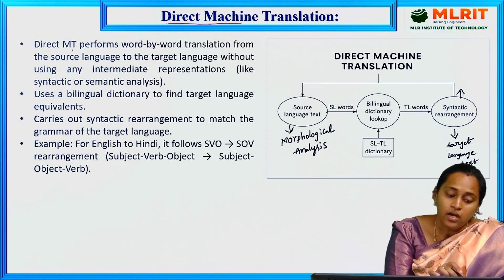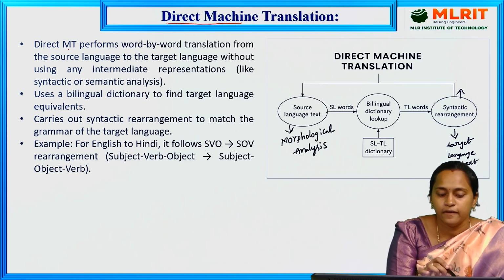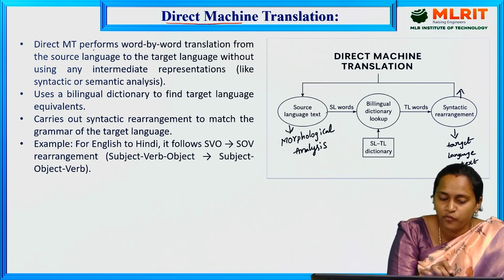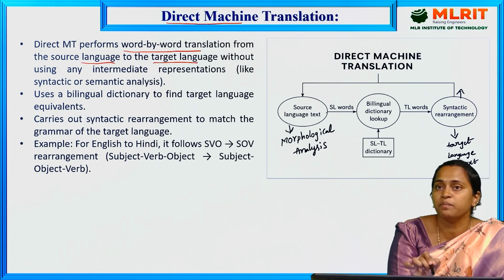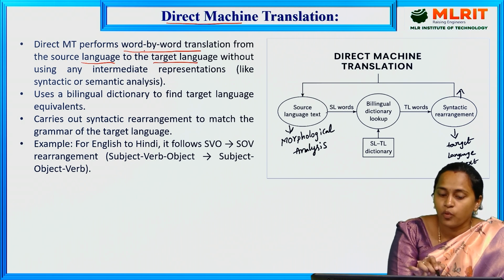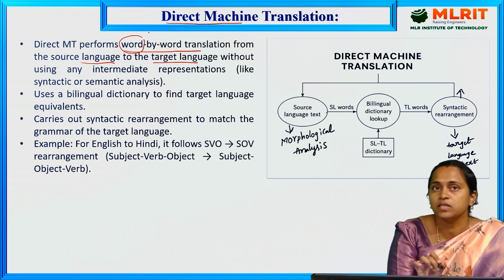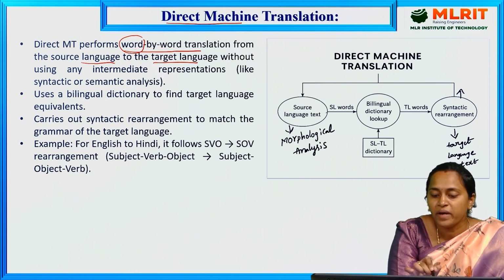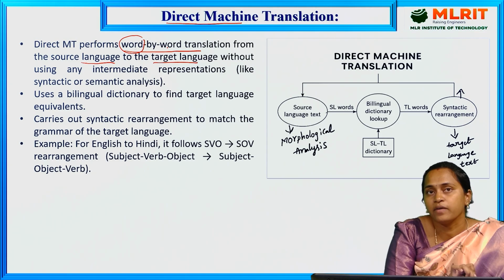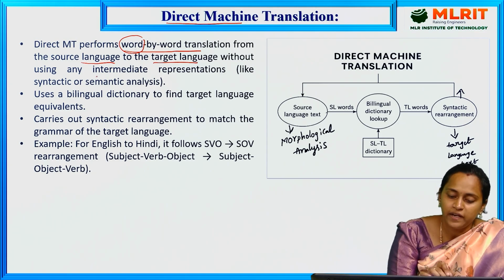Let's see the definition. Here the direct machine translation performs word by word translation from source language to target language. That means in a sentence we have so many words, and here we perform the task word by word from one language to another, without any intermediate representations like syntactic or semantic analysis.